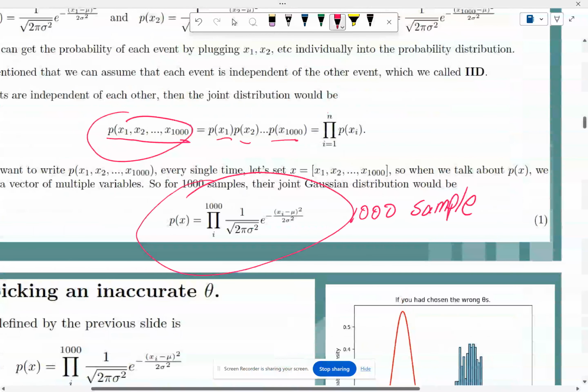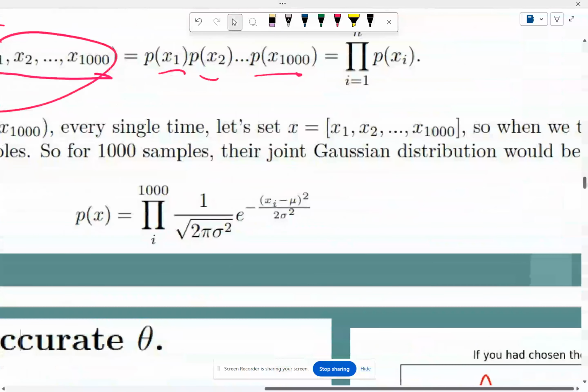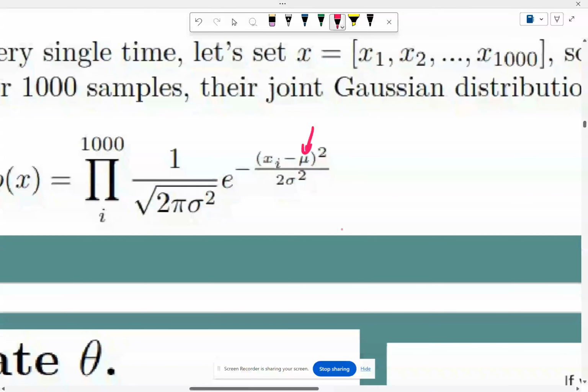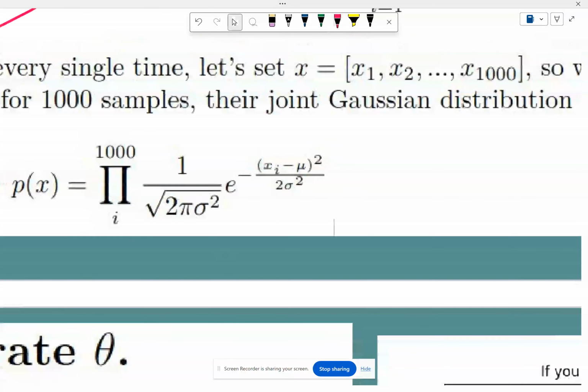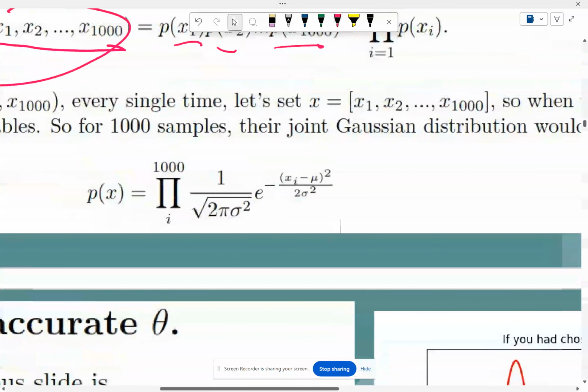Once you have these 1,000 samples, we don't have the equation unless we have the mu and we have the sigma, right? So at this point, you need to identify what is mu and sigma. Previously, in the last class, we identified mu as just the mean and the sigma, right?